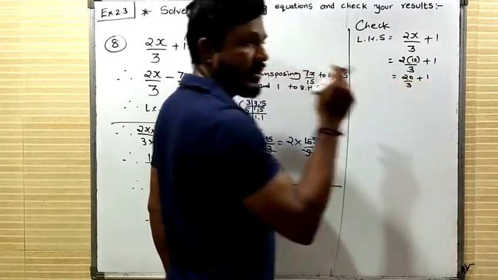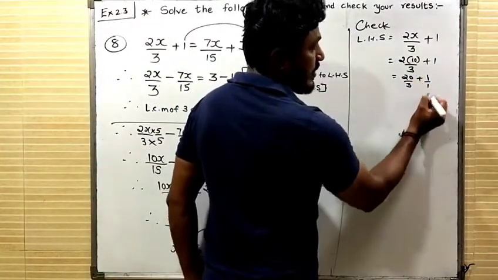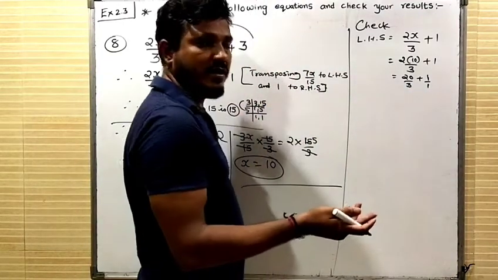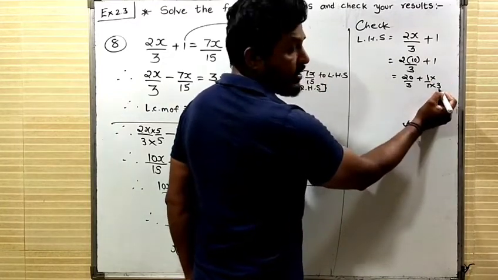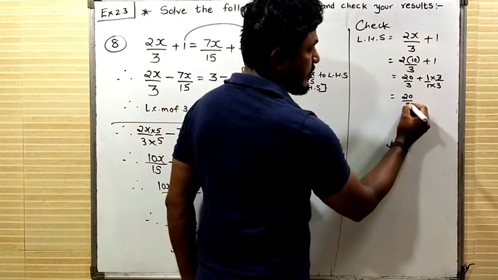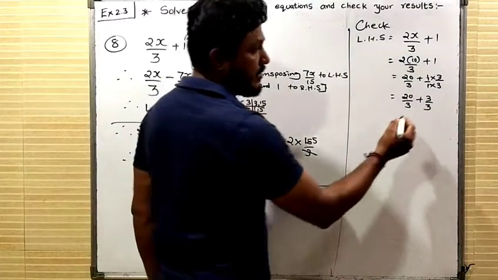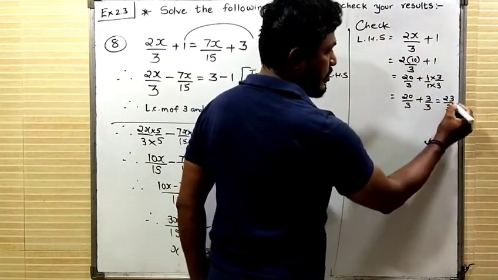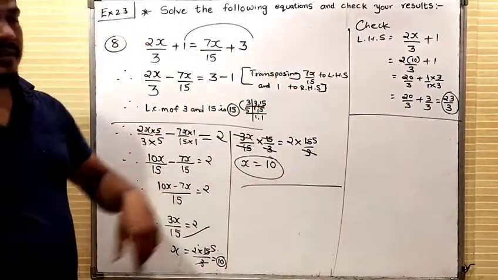Now dear student, before adding you need to find the LCM of both. Here the 1 you have to consider as denominator, and LCM of 3 and 1 is 3 only, the 1 should be multiplied by 3. Whatever value you are taking in denominator, same value you have to take in numerator, so that you can add the value. Now 3 ones are 3. Now here you can add the value, so that you will get 20 plus 3, 23, and 3 is the common denominator. So toward our left we got 23 by 3.